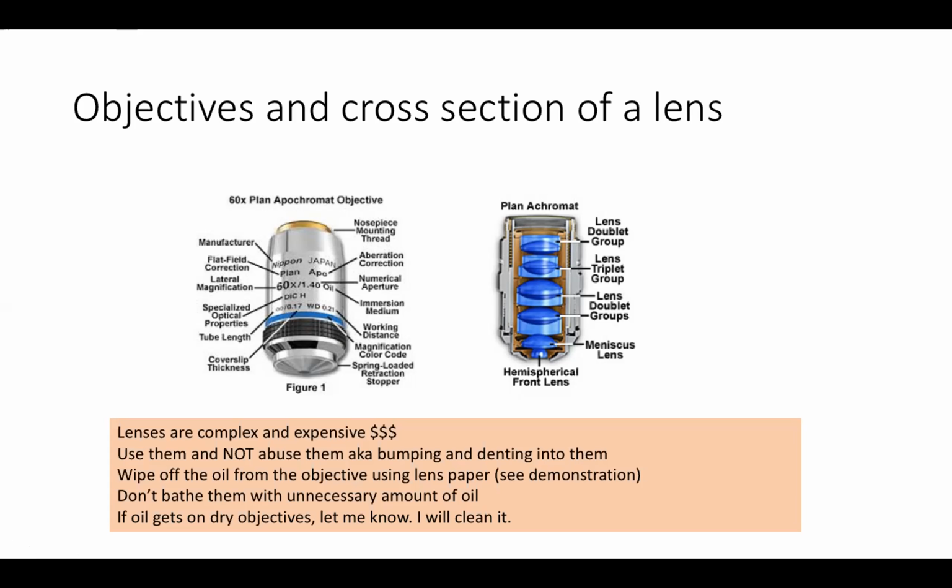Typically, a couple of drops of oil is pretty enough. And if the oil gets onto your air objectives, let me know. I'll clean that up. Don't hesitate in letting me know, just in case you do that by mistake. Because if somebody else is coming after you to use an air objective which has got oil, that will ruin the images for them. Okay.